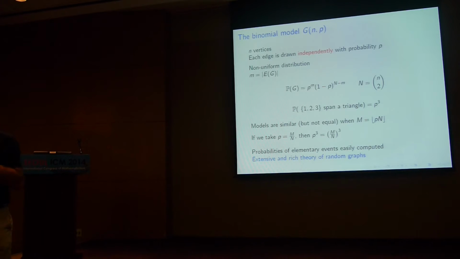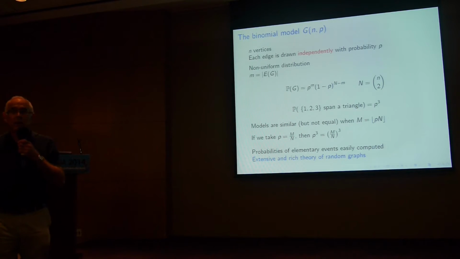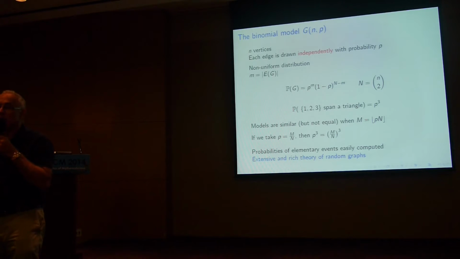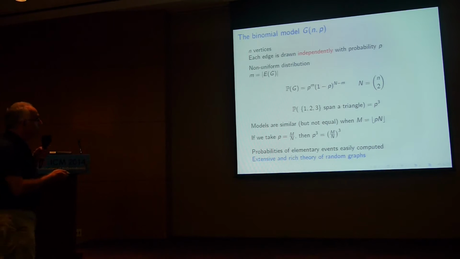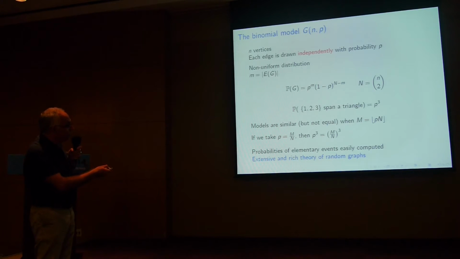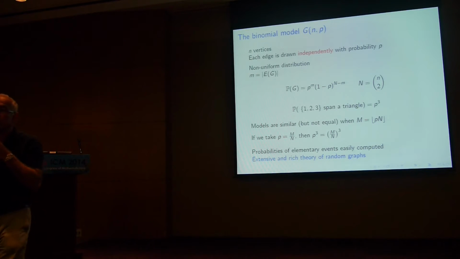It's not uniform, and probabilities of simple events are easier to compute. So what is the probability that 1, 2, 3 span a triangle? Well, you have 3 edges, they have to appear independently, so this is p cubed. And these models are similar when the number of edges is about p times N, because if every edge is sampled with probability p independently, the expected number of edges is this pN, and it's very close to this.